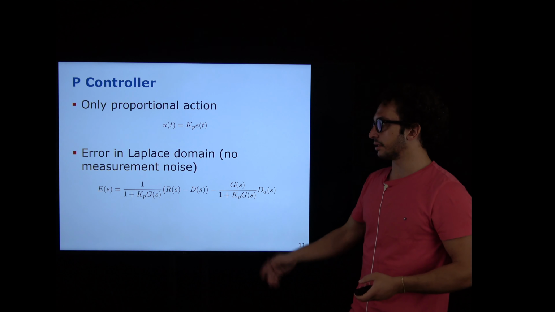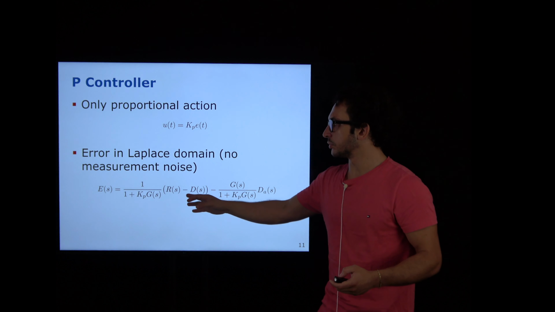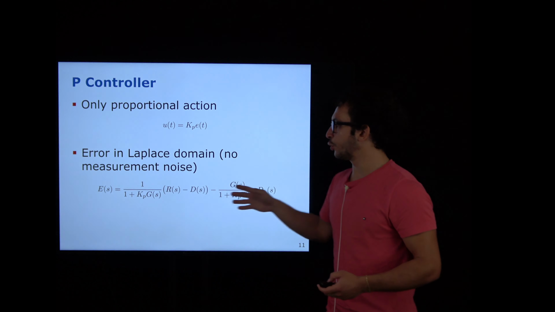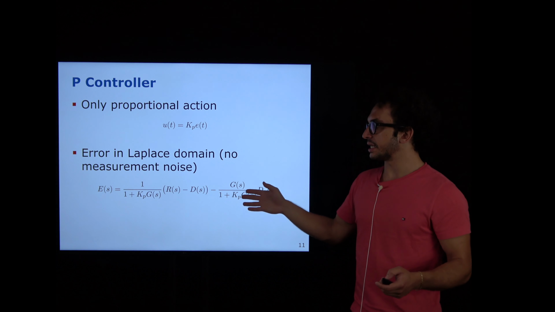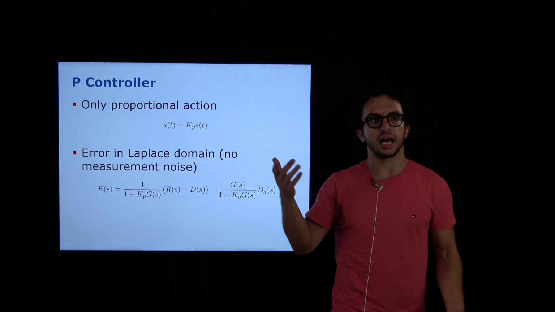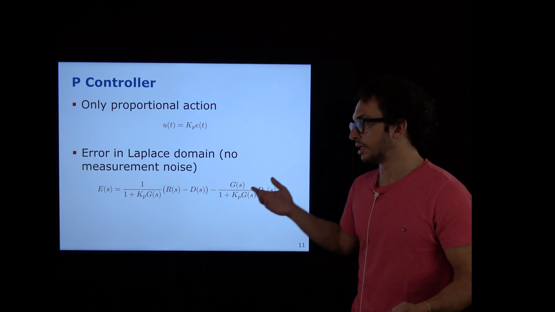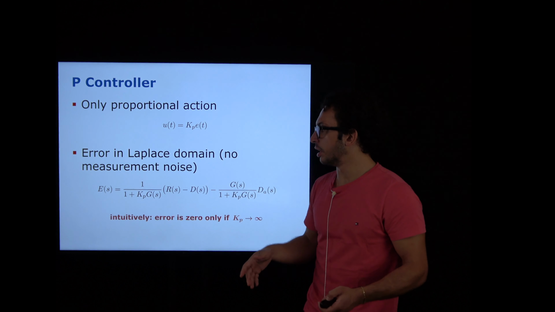And you can see here that if you want the error to go to zero, then these two terms should technically go to zero. Well, when does it happen? We have G, a transfer function. G has its zeros, its poles, and its own shape.